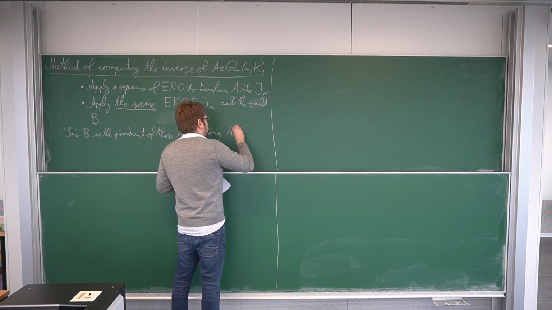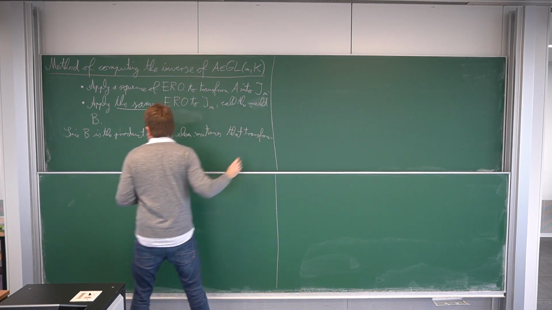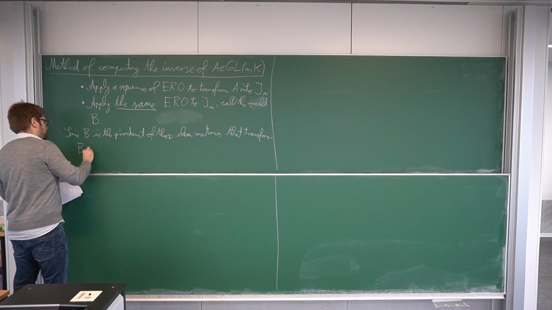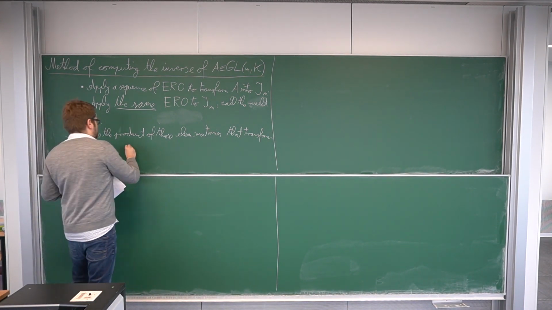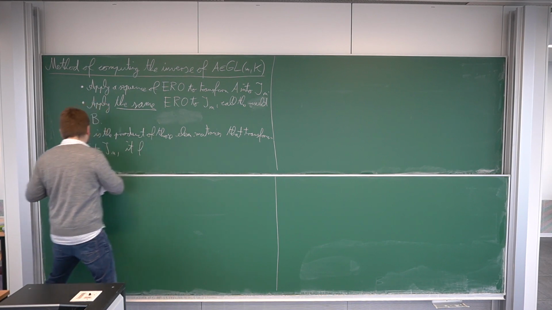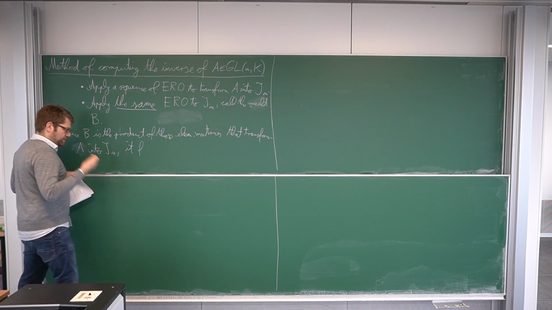Those are the elementary matrices that transform A into I_n. This is precisely what the inverse does.